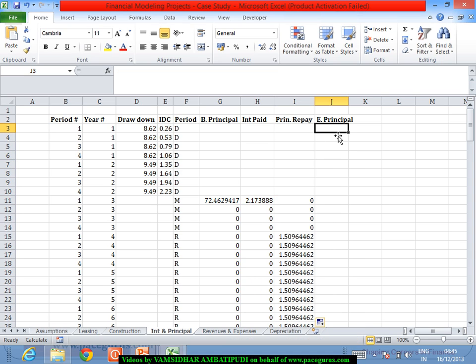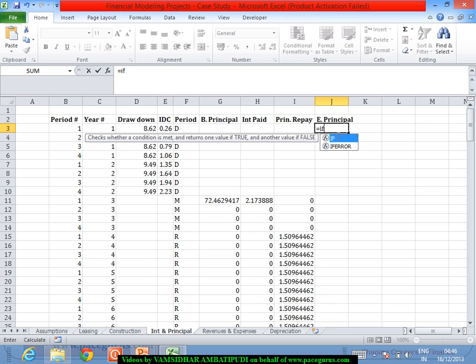And to compute my ending principal, I can very well take the summation. If the principal is blank, leave it as blank.